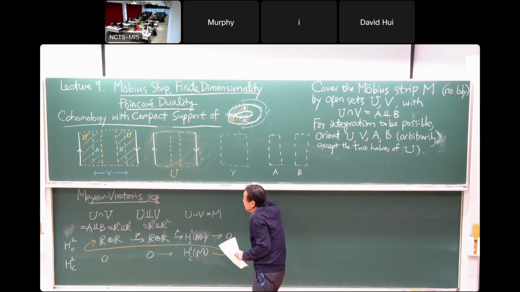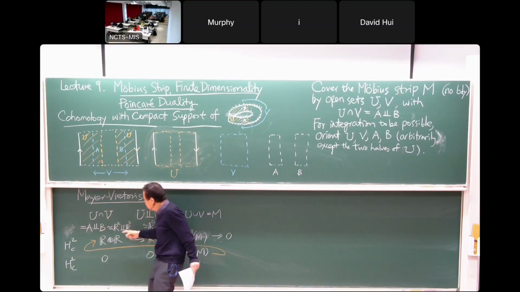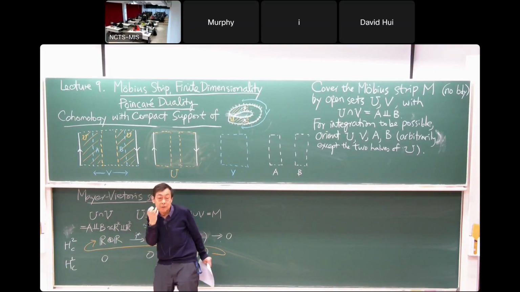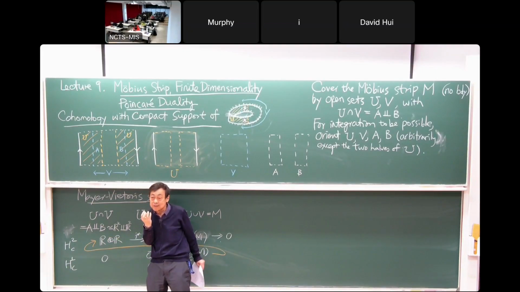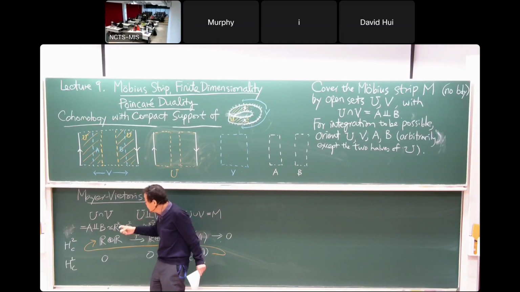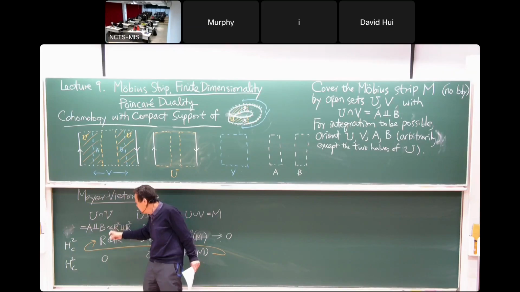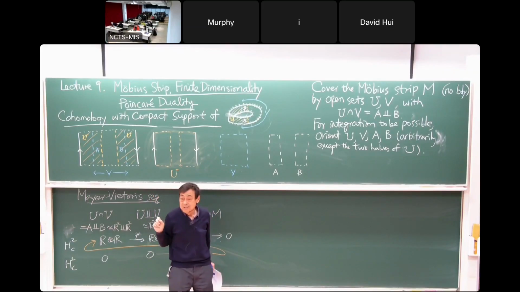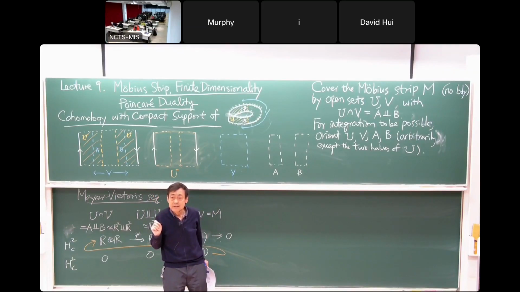Okay, so a generator of H2 is a two form with compact support. And the identification of H2 of R2 with compact support with R is given by integration. Now, in order to integrate, you need an orientation. If we have R2, then there's this standard orientation, which is counterclockwise.